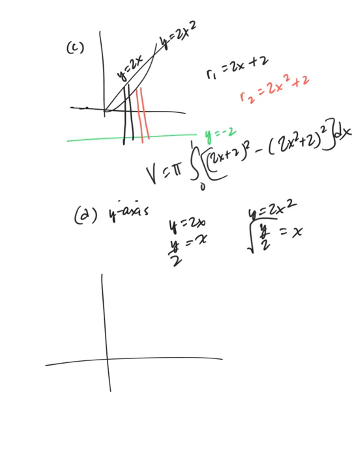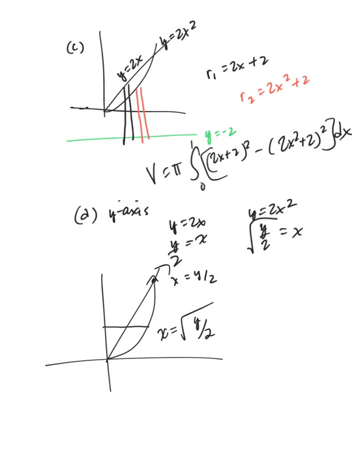So y equals 2x is the same thing as x equals y over 2. And then we have the primary square root here, x equals the square root of y over 2, because we only have a piece of the parabola.